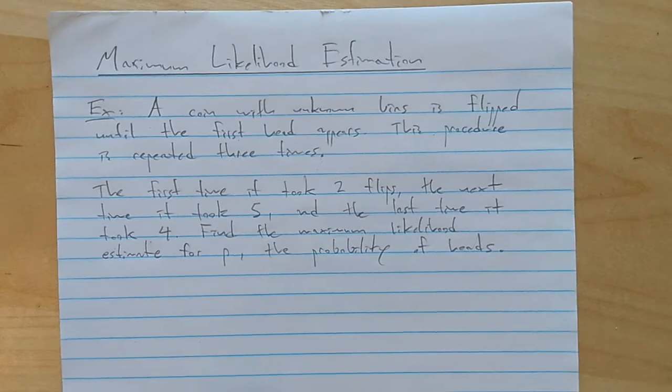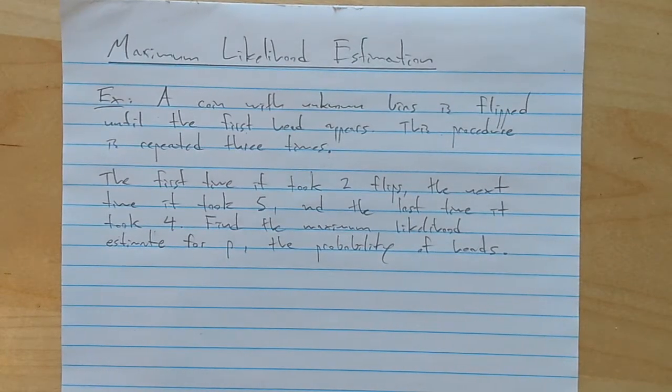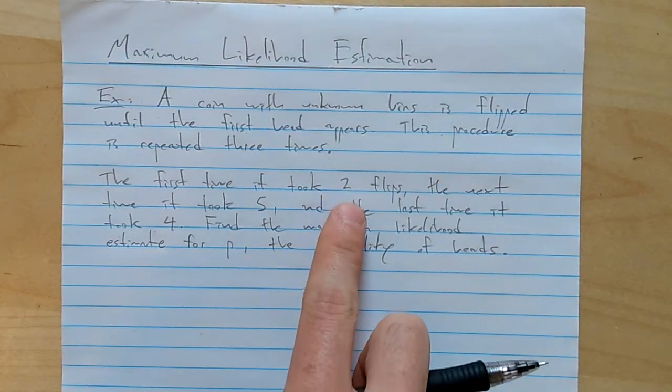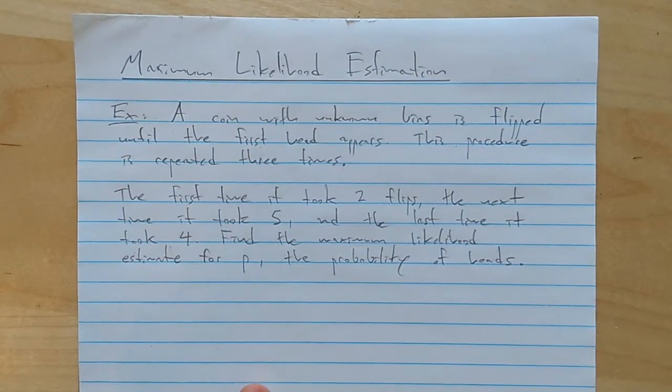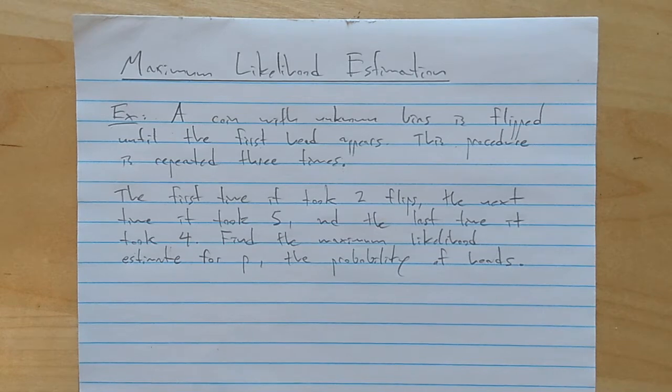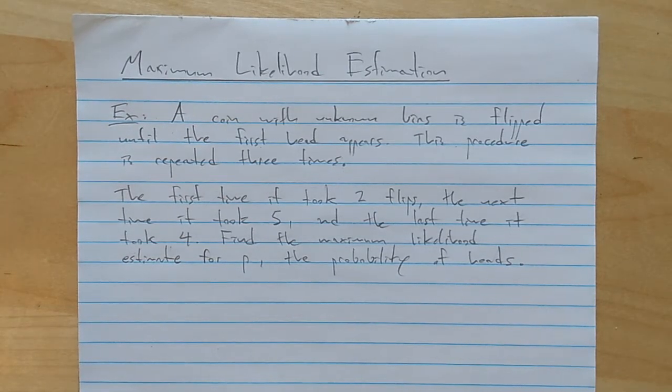All right, so in this context, what we really have is a sample of values 2, 5, and 4, values of a geometric random variable, because a geometric random variable counts the number of trials until the first success, in a series of repeated independent Bernoulli trials. And that's what's happening here.